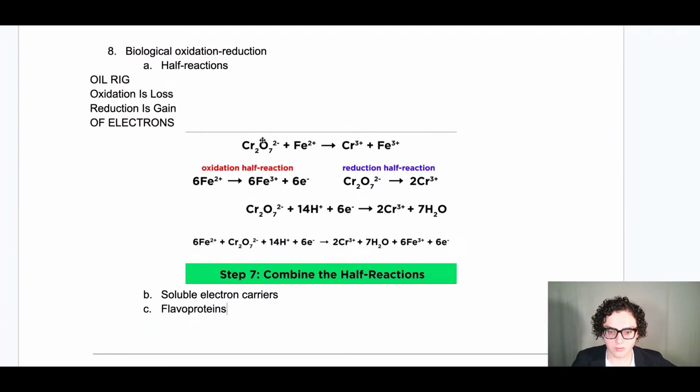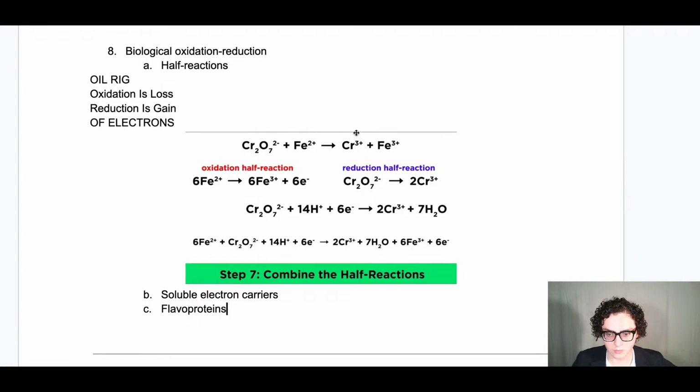So the overall reaction, this chromium molecule with oxygen plus Fe2+ goes to chromium plus Fe3+. So you're taking chromium with a bunch of oxygens and you're turning it into chromium.